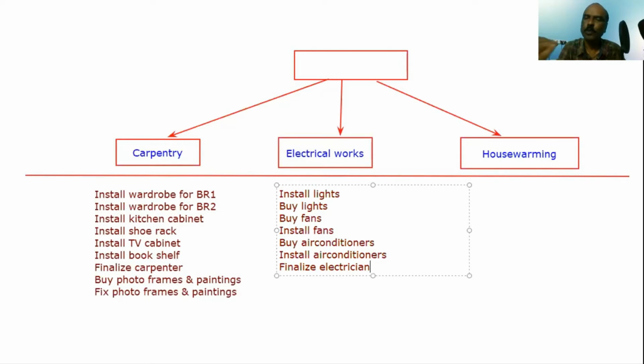But work package, what is the level we stop at work package? It is at the level where you can delegate the work. For example, as long as I find a carpenter, it's easier for me to give it to him. Okay, you are in charge of this. So I don't want to break below that in a work package. Similarly, electrical works, I just want to find an electrician and then give it to him.